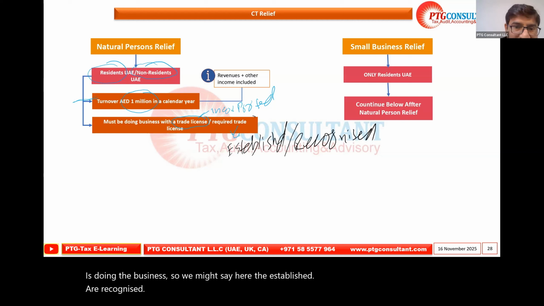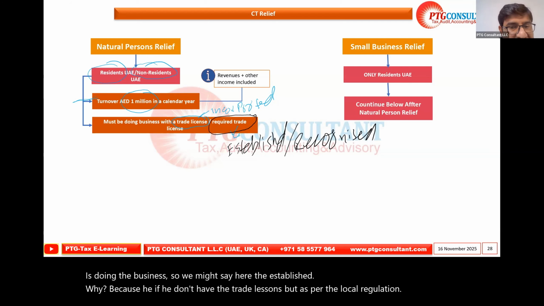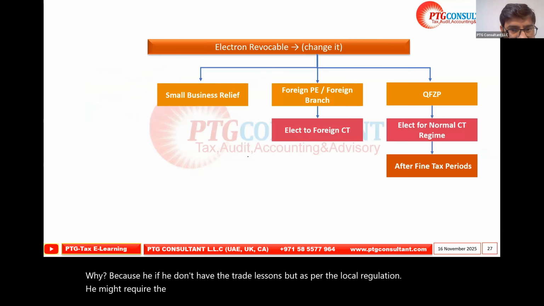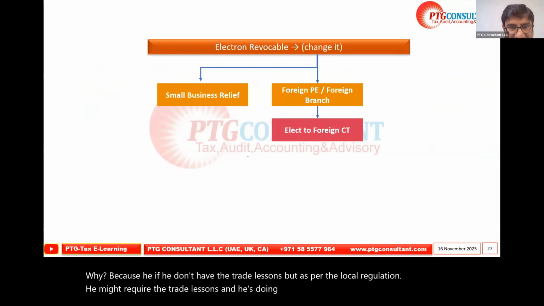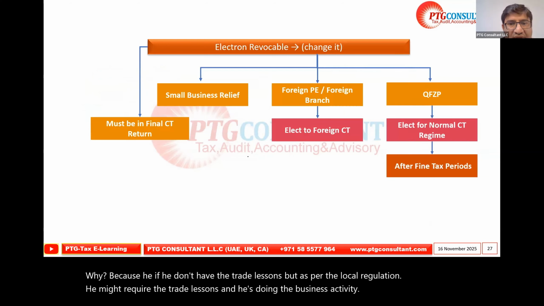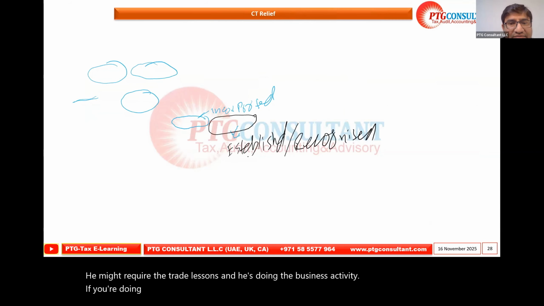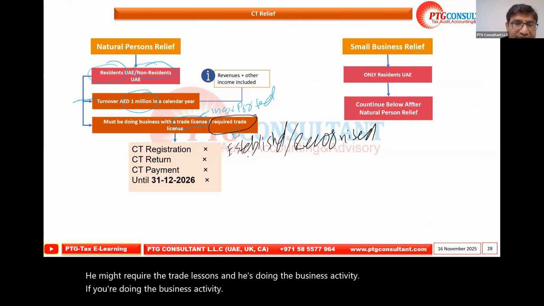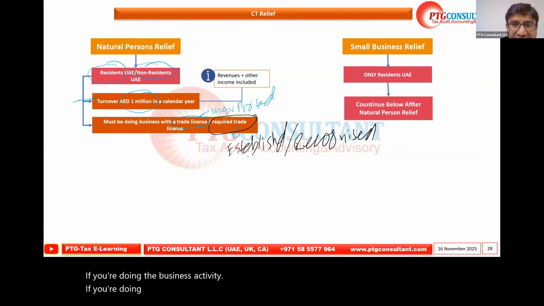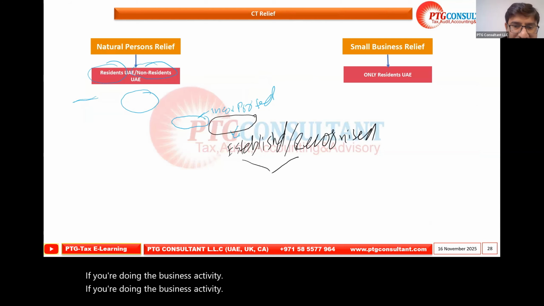Because if he doesn't have the trade license, but as per local regulation he might require the trade license and he is doing business activity, if he's doing the business activity, he is subject to tax.